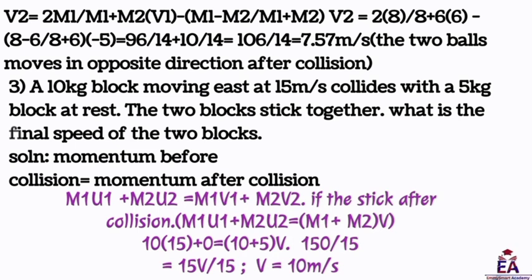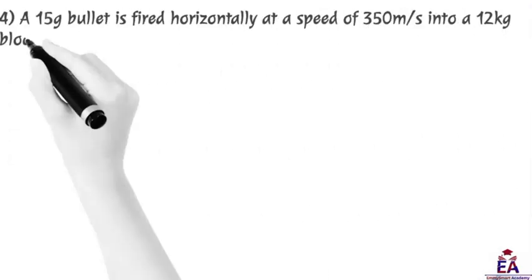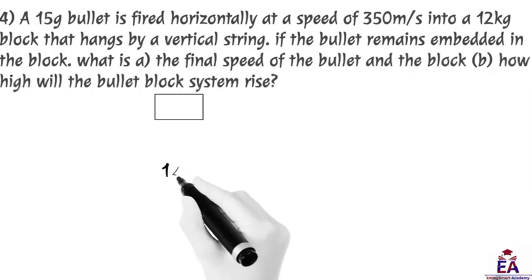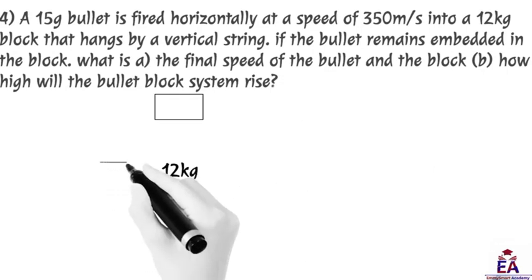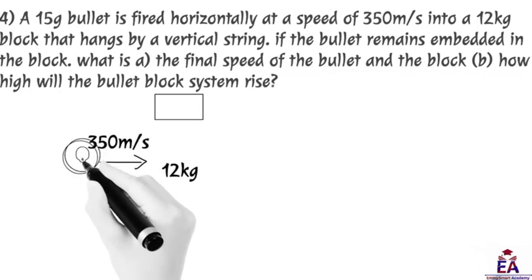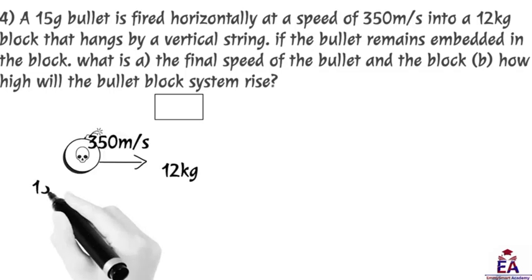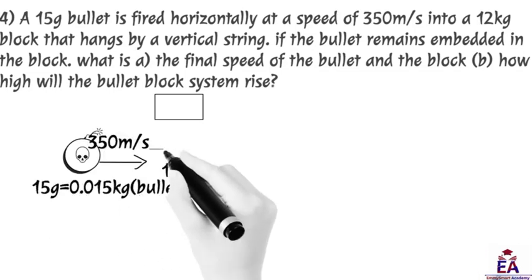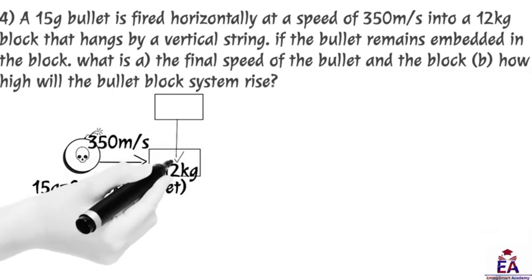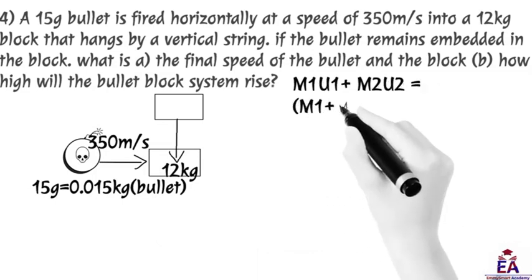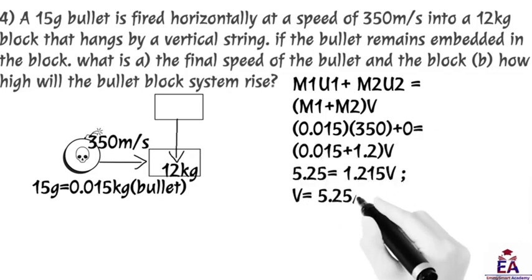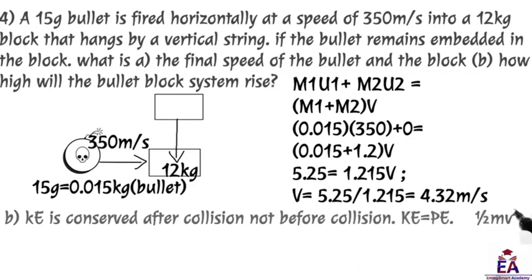Okay, let's look at the next problem. A 15-gram bullet is fired horizontally at a speed of 350 meters per second into a 12 kg block that hangs by a vertical string. If the bullet remains embedded in the block, what is the final speed of the bullet and the block? How high will the bullet block system rise? M1U1 plus M2U2 equal to M1 plus M2 times v, because they are embedded together and remain fixed together after collision.